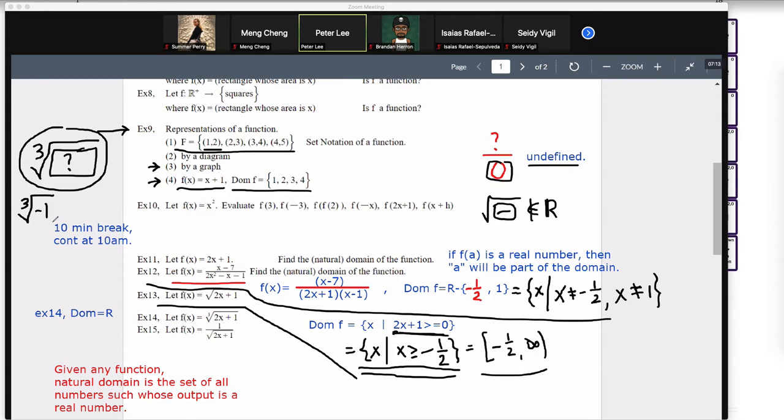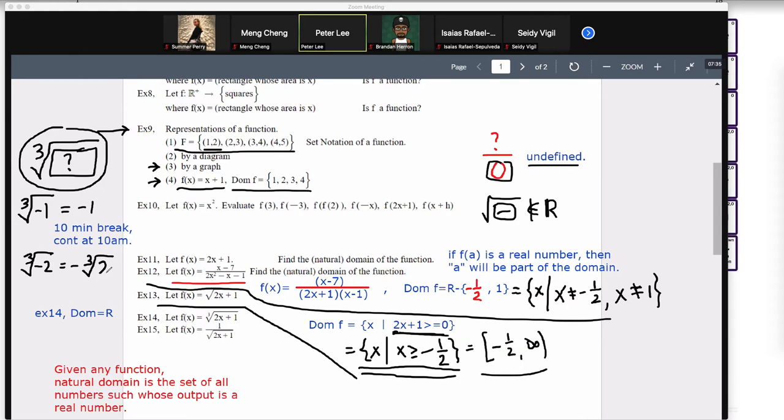So what is cube root of -1? It's actually -1. So what is then cube root of -2? Can you simplify this? Yes, you can. This is the same as negative of cube root of 2.